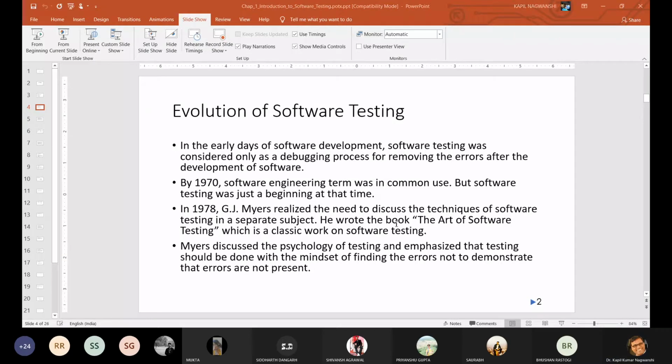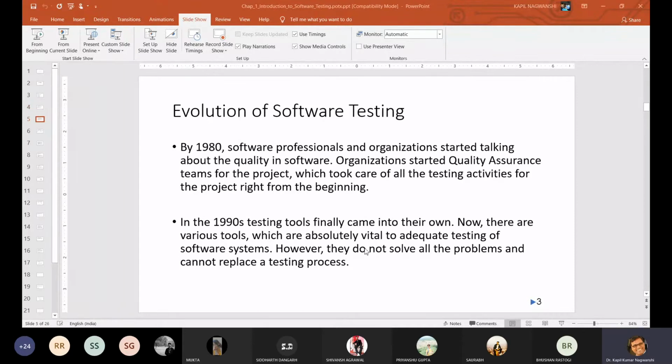Test cases that had the intent of finding errors were designed, and verification and validation activities were initiated. Okay. So during 1983 to 1997, what happened at that time?